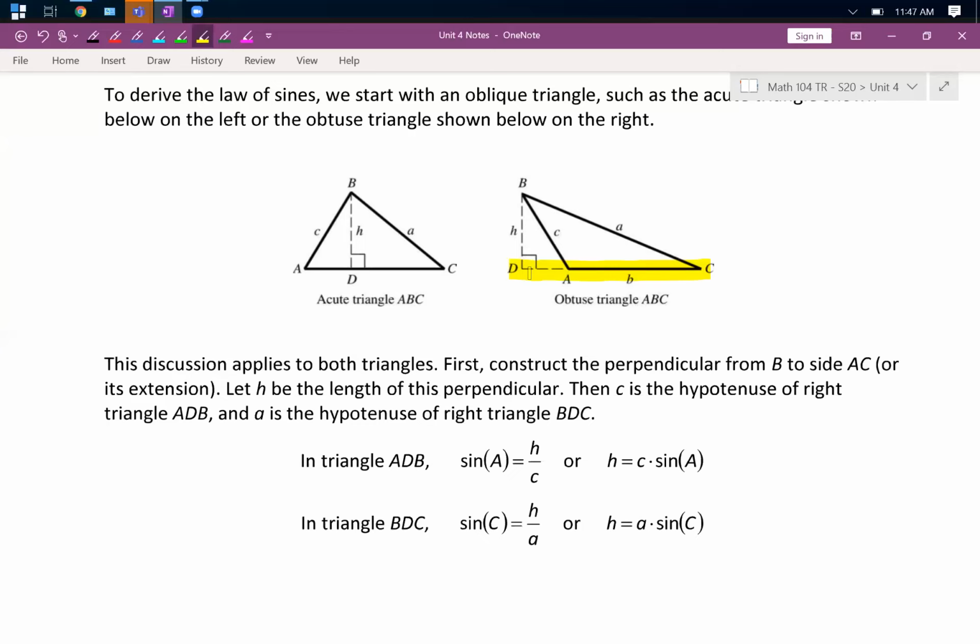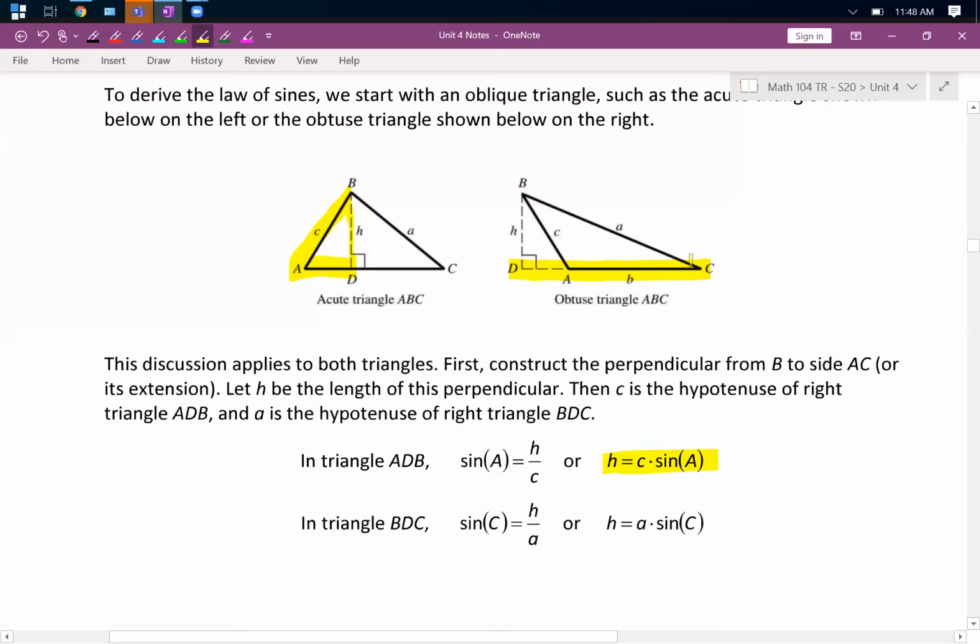In the acute triangle, looking at this right triangle right here, sine of angle A is going to be opposite over hypotenuse. So we get that sine of A is H over C. I can then solve that equation for H and end up with H being equal to C times sine of A.